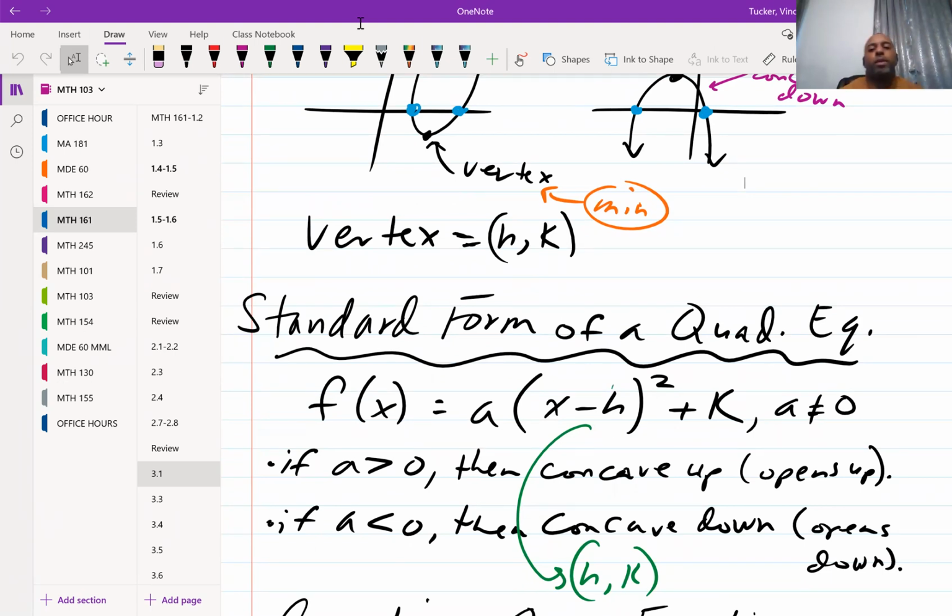The standard form of a quadratic equation is f(x) = a(x - h)^2 + k. If a is greater than 0, in other words positive, then it opens up, it's concave up. If a is negative, a is less than 0, then it's concave down.